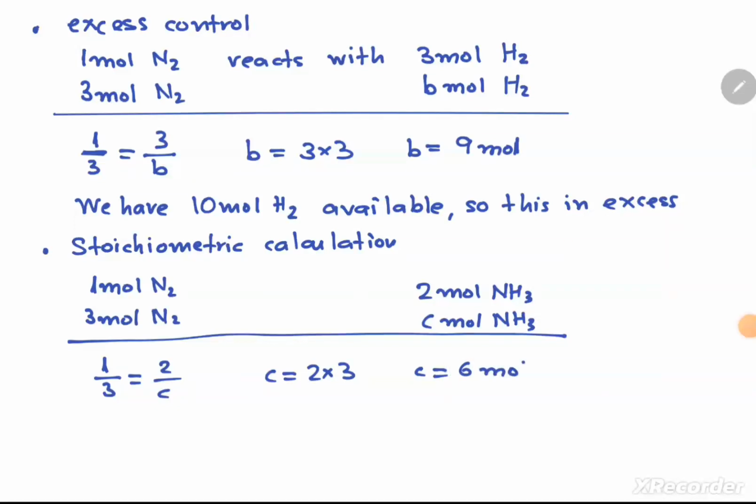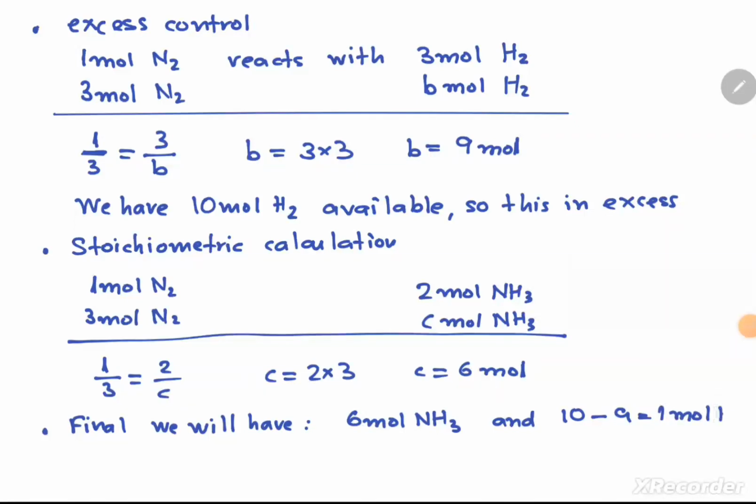So we have 6 moles ammonia. Finally, we will have 6 moles ammonia which are produced and 1 mole hydrogen. This is the answer.